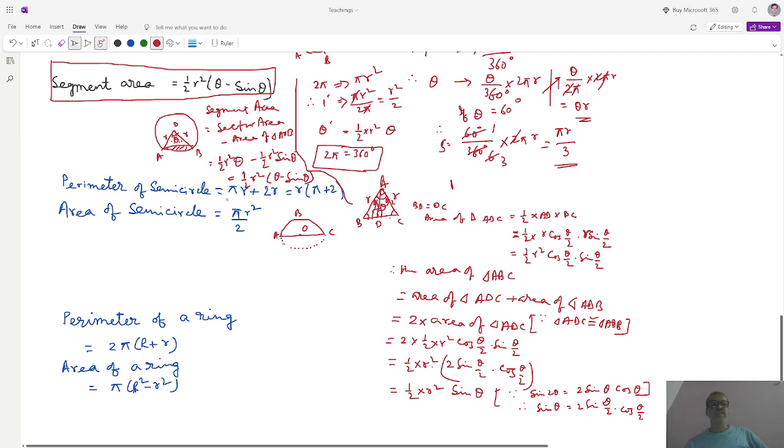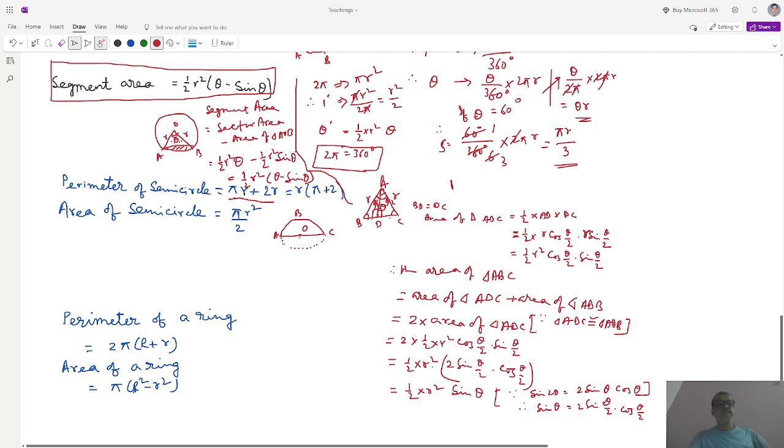Therefore, the perimeter of semicircle equals pi r plus 2r, equals r into pi plus 2. You should be careful at this point to avoid the same type of mistake.